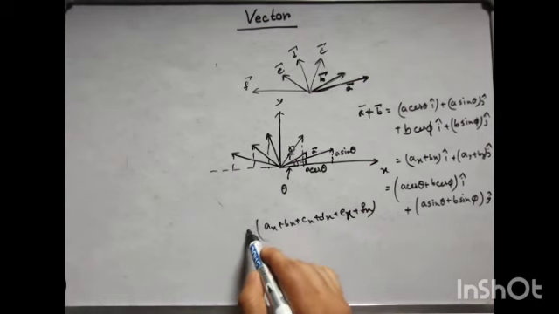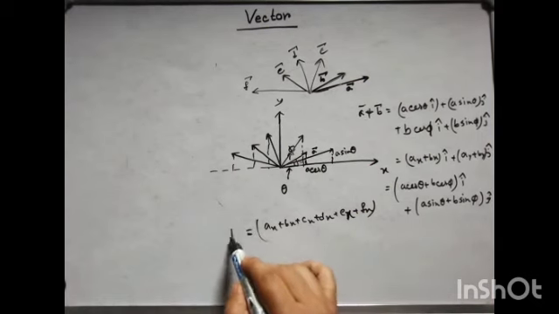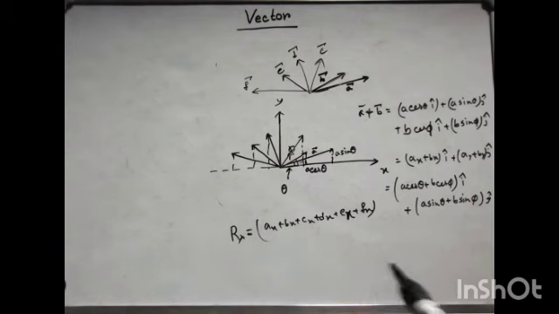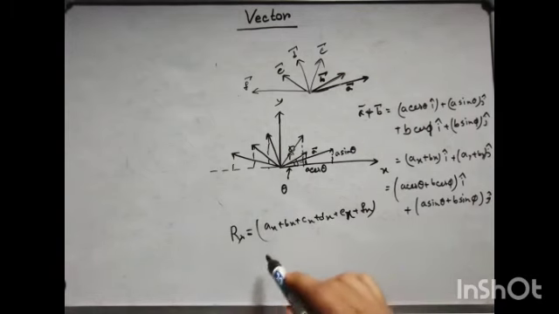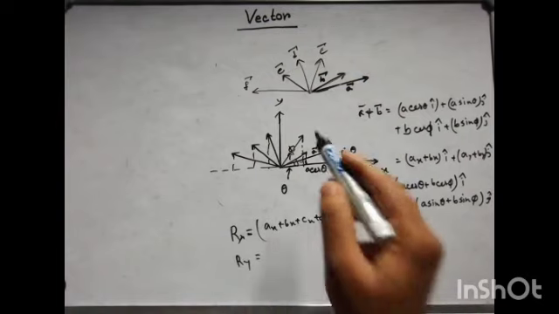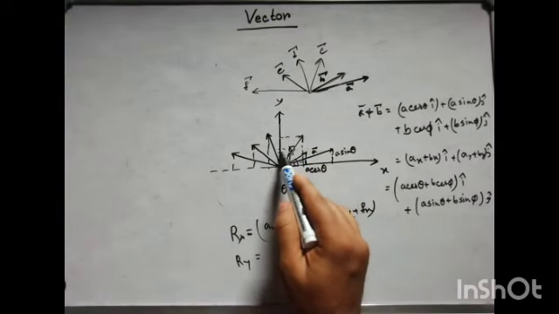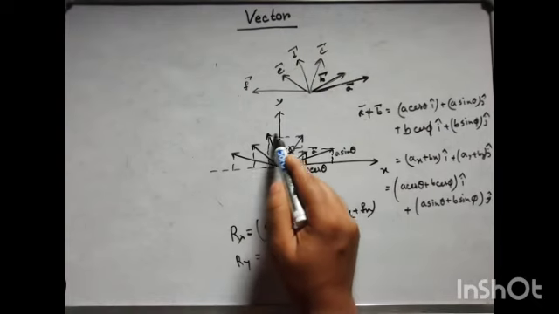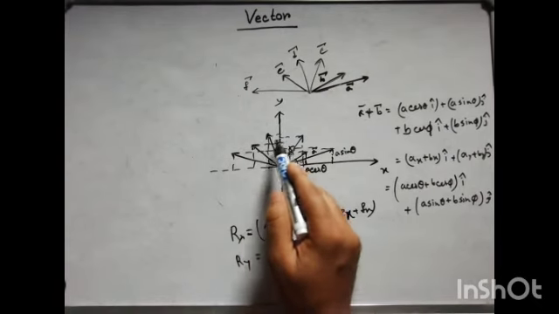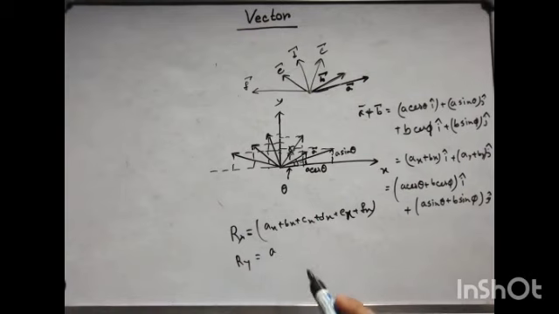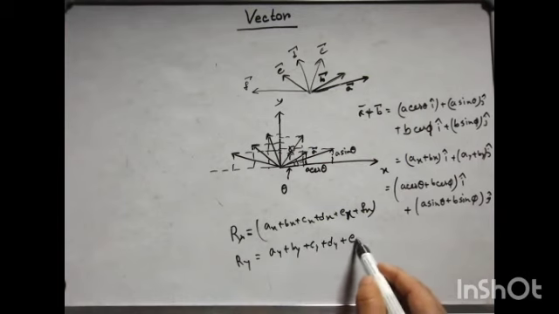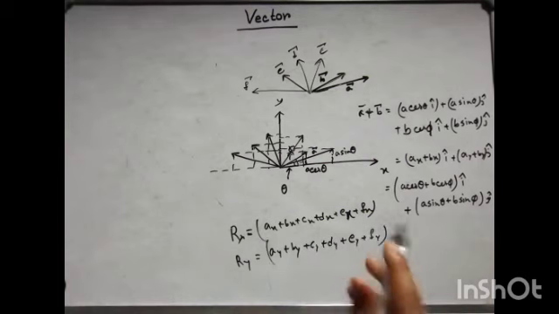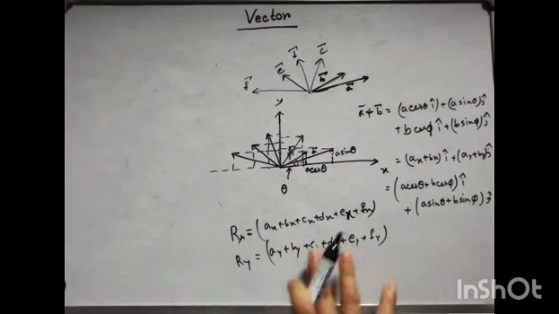All these components you can find, and this will be, say, rx. Similarly you can find the y component of every vector: ay plus by plus cy plus dy plus ey plus fy. These will be just magnitude values, so you can easily add them.